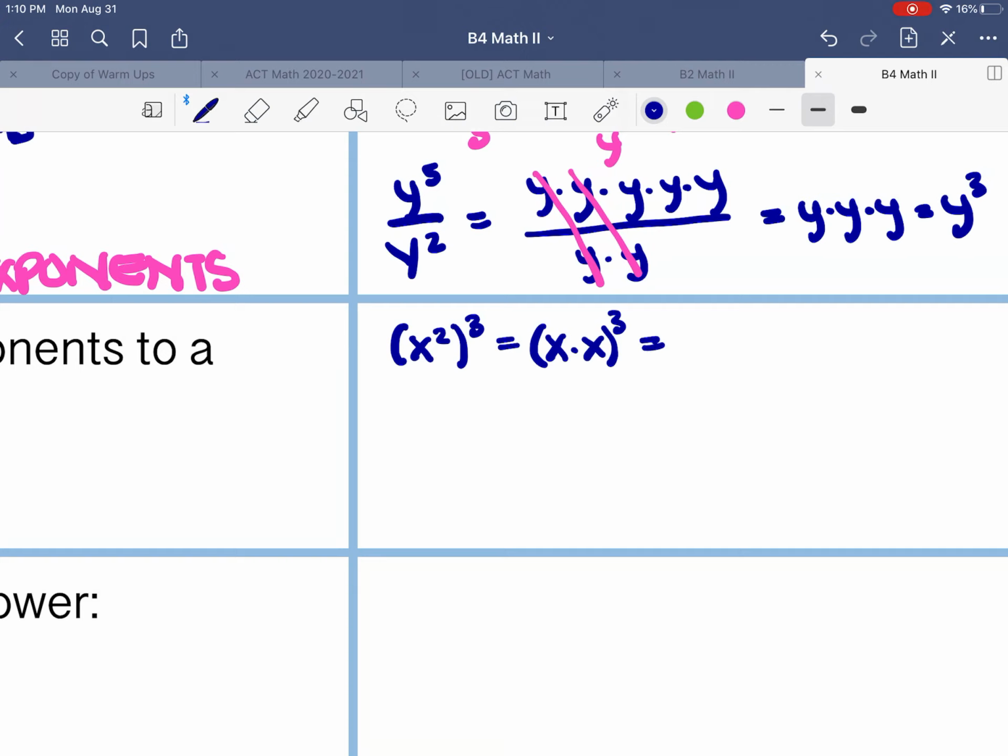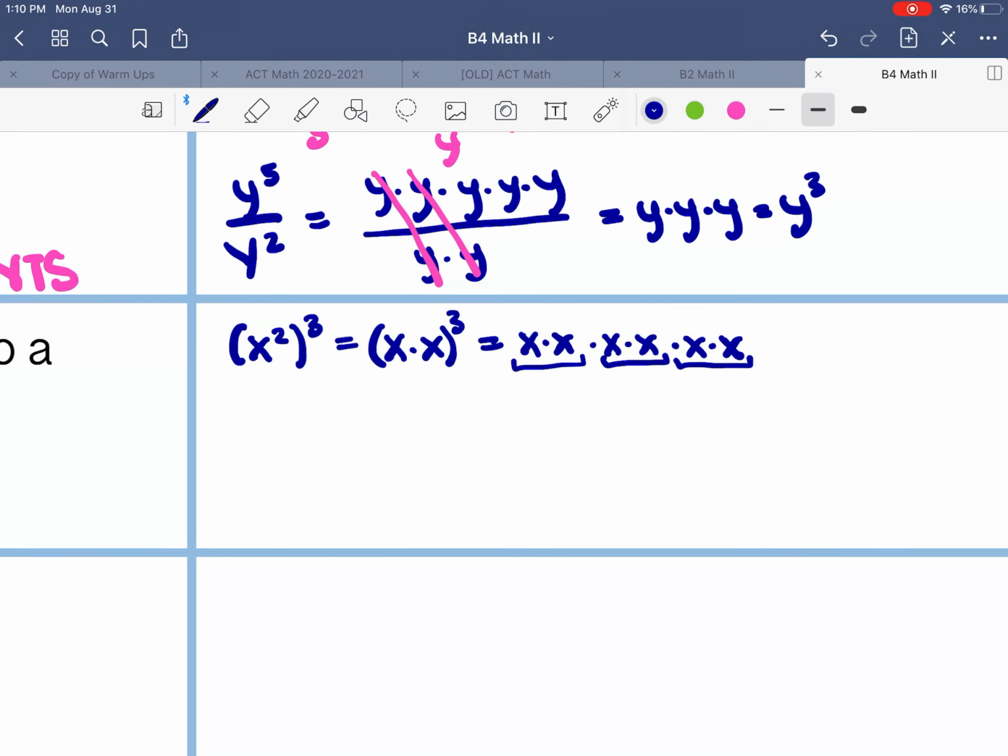And then that third power duplicates that x times x 3 times. So we're taking everything inside of the parentheses and we're making 3 copies of it. So we have x times x, and then x times x, and then x times x. Again, so see that we just made 3 copies of that x times x, which in total makes 6 x's multiplied together. In other words, x to the 6.